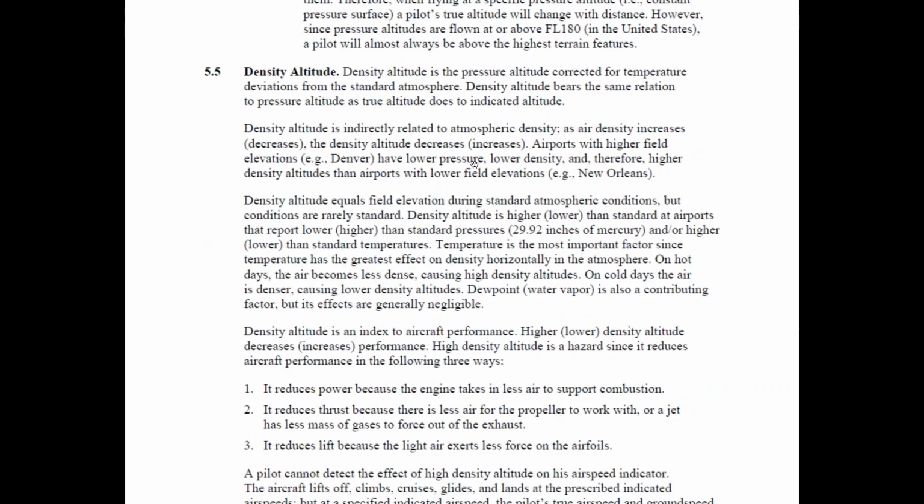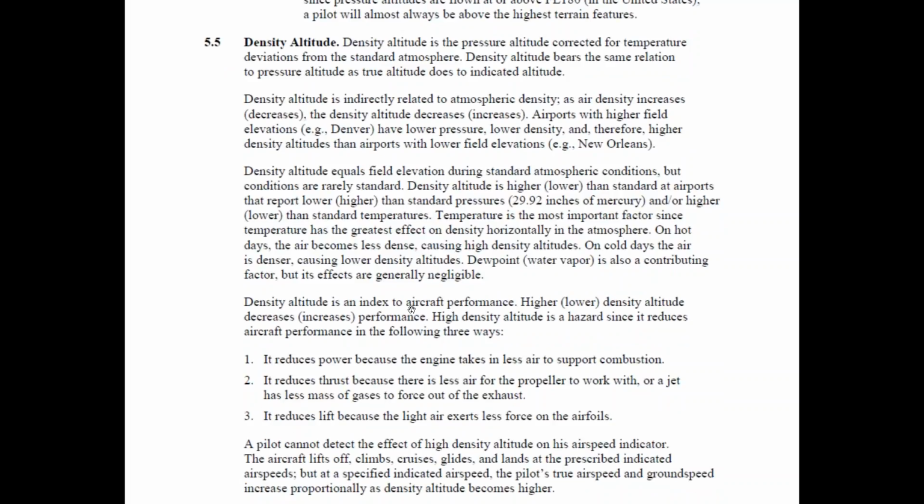Density altitude is the pressure altitude corrected for temperature deviations from the standard atmosphere. Density altitude bears the same relation to pressure altitude as true altitude does to indicated altitude. Density altitude is indirectly related to atmospheric density. This part we talked about earlier: as the air density increases, the density altitude decreases.